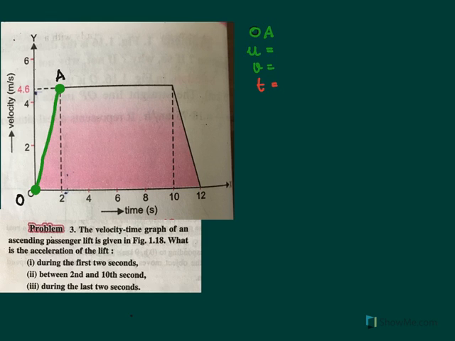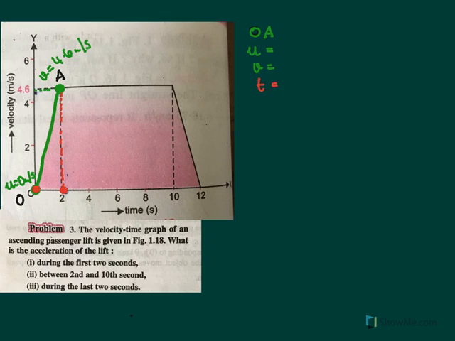If you look at the graph, you see the initial velocity is 0 meter per second. The final velocity is at A, V, and that is 4.6 meter per second. The time taken for this change: the time at A is here, which is 2, and the time at B is here.